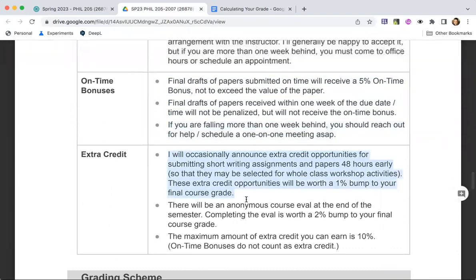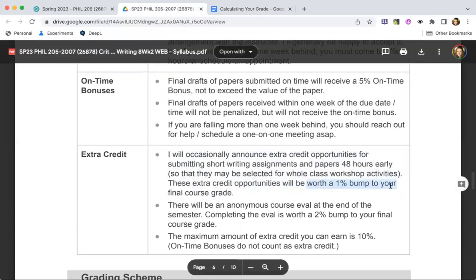Extra credit. There will occasionally be extra credit opportunities for submitting work early, sometimes the short writing assignments, but usually it'll just be for papers. Why? So I can select a couple of them for an all-class workshop where everyone in the class will be workshopping just a small handful of papers, the same papers. So if you want to be selected for that workshop, definitely submit early and you'll get extra credit.